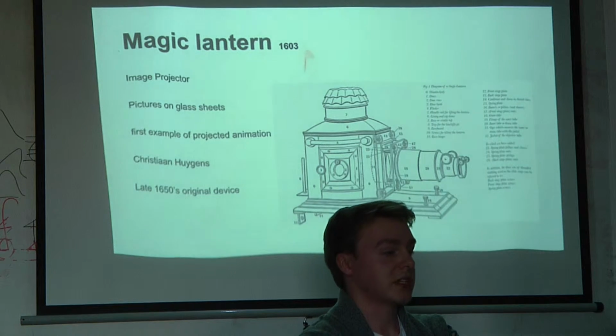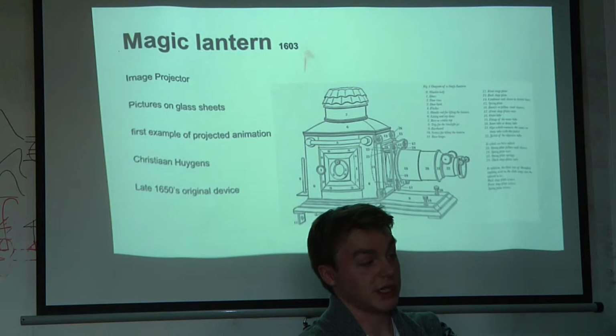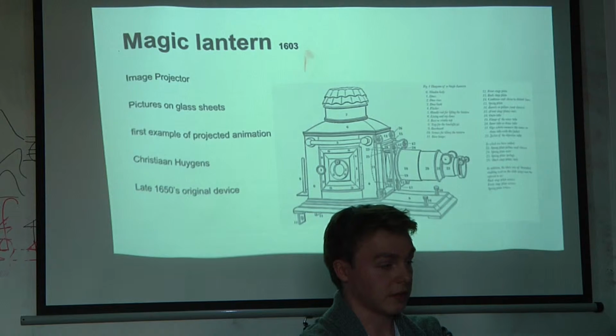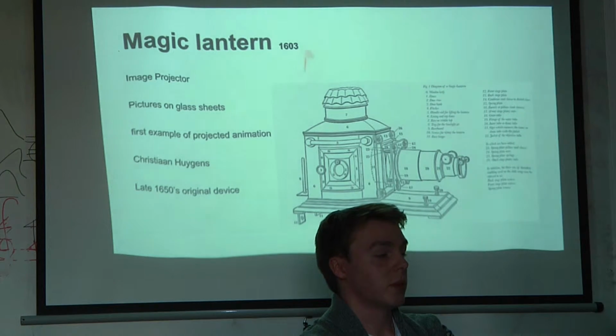And then the magic lantern was an image projector, using pictures on glass sheets. The first example of projected animation, and it was originally conceived in the 1650s.